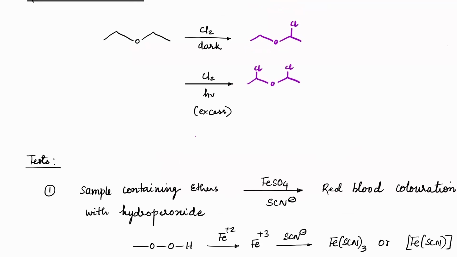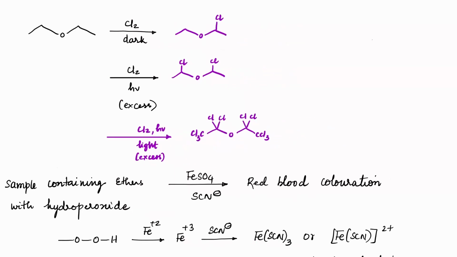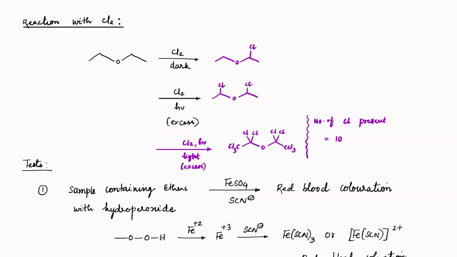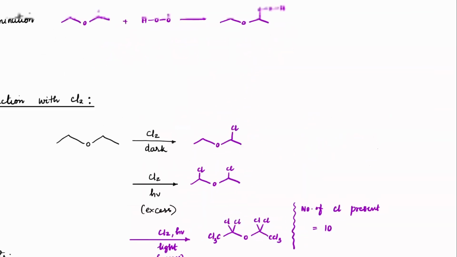But if you have Cl2, H nu, in light, and excess is given, in that case all the hydrogens will be replaced by chlorines, this way, CCl3. So this kind of question will be asked, how many chlorines are present here. Number of Cl present will be equal to 6 plus 4, 10. 10 chlorines will be present here. Right. So this is the reaction with O2 and Cl2.